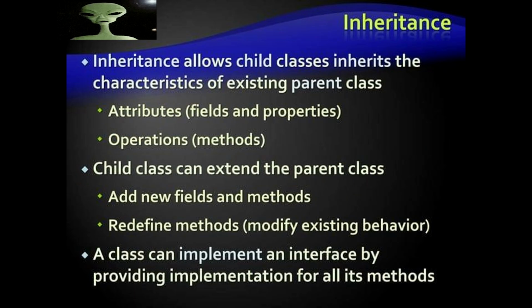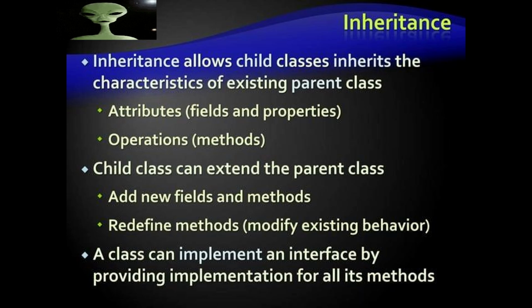Inheritance allows the child classes to inherit the characteristics of the existing parent class, such as attributes and operations. Attributes are just a fancy word for fields and properties, as your human minds cannot grasp too many concepts at once. Operations are like methods.